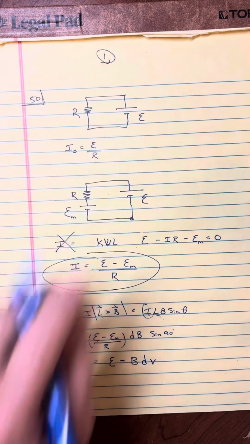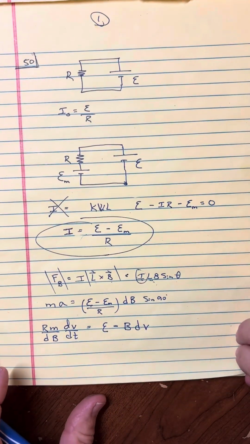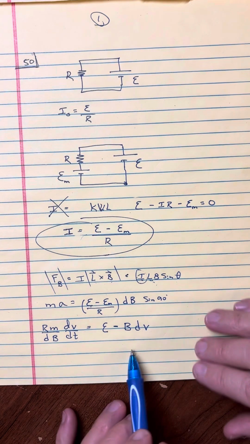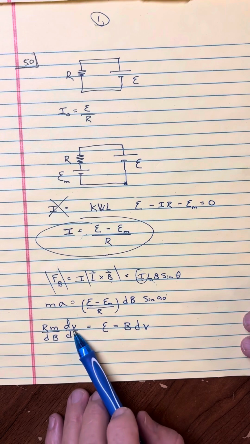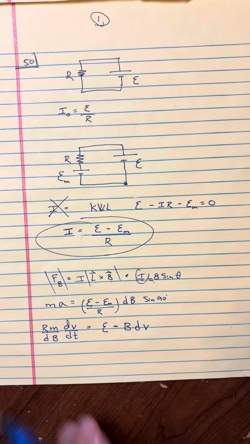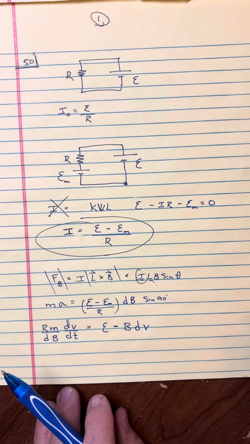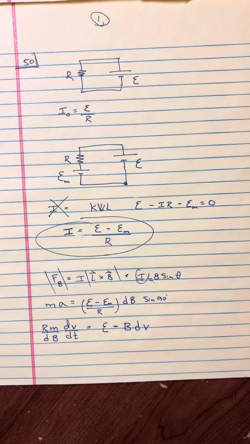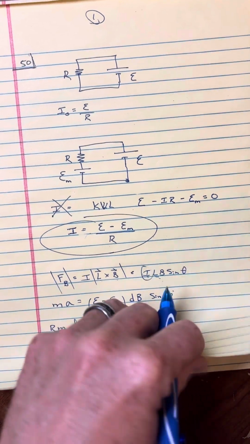So B, d, and v. And it looks like I've got some calculus to do, so I might need to start numbering my pages here, because I need to now solve this for velocity. I've got a derivative of velocity here, but I've also got a velocity there. And that's what's going to make it a more challenging problem. So what I like to do with these problems is put all my v's together and all my t's together, if you can.